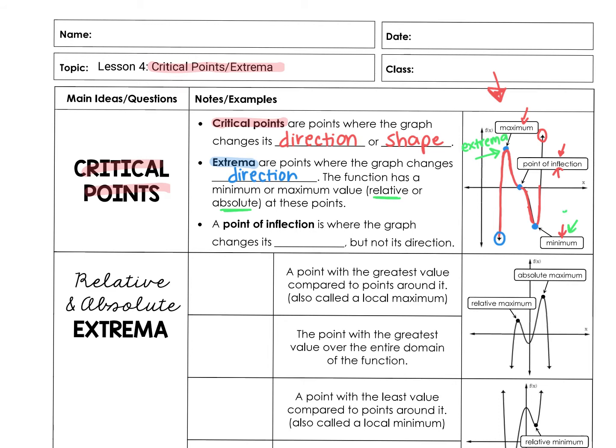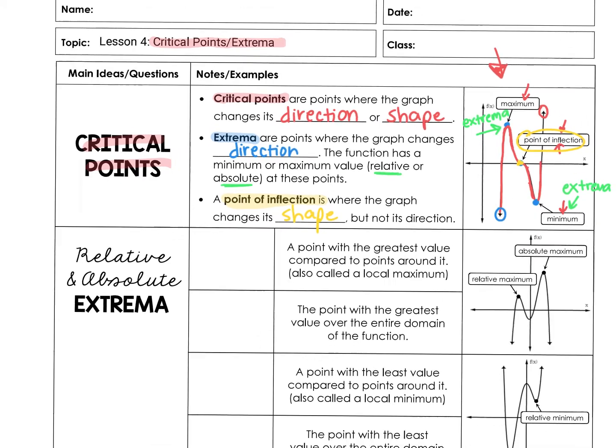This minimum is also considered an extrema because it's a point where the graph changes direction. Point of inflection is not extrema. Extremas are only maximums or minimums. And then finally, the point of inflection is where the graph changes its shape, but not its direction. So here we have our point of inflection.